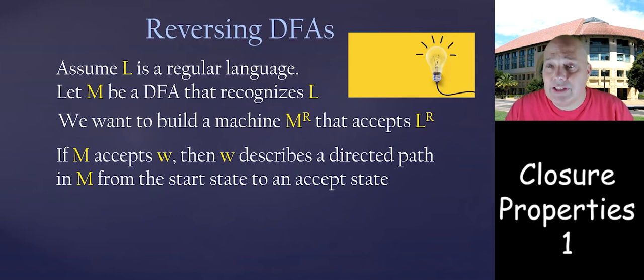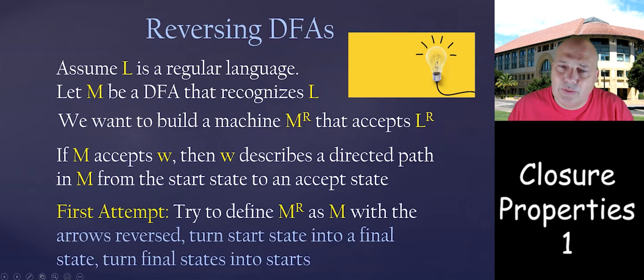Let's reverse this path and ask for a path from the accept state to the start state. So try to define MR as M with the arrows reversed, turning the start state into a final state and the final states into start states.